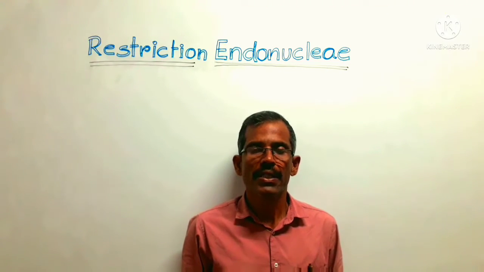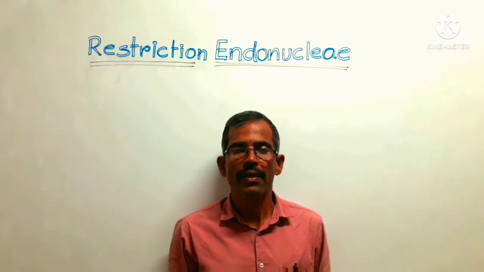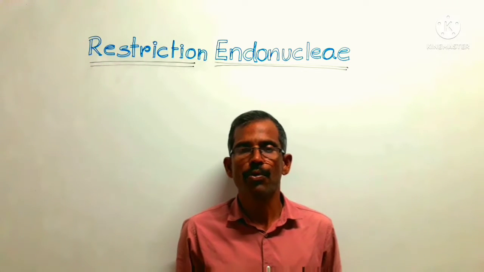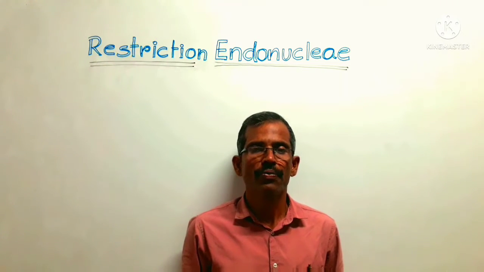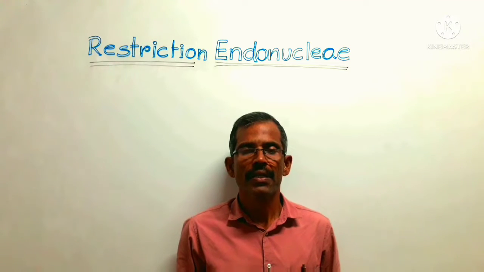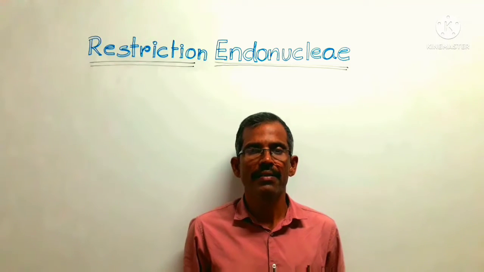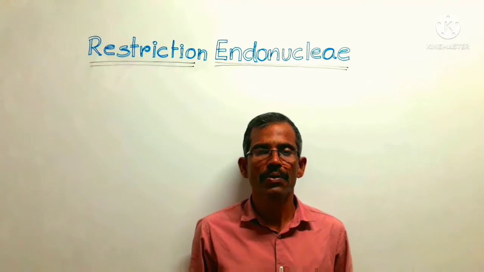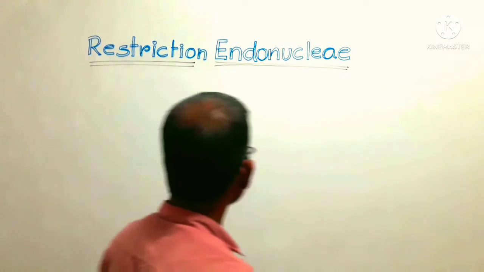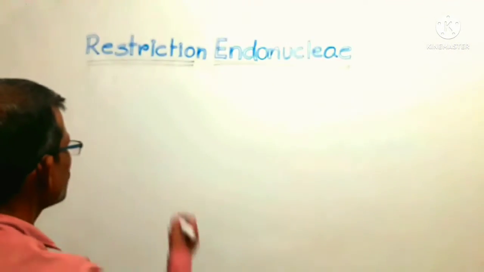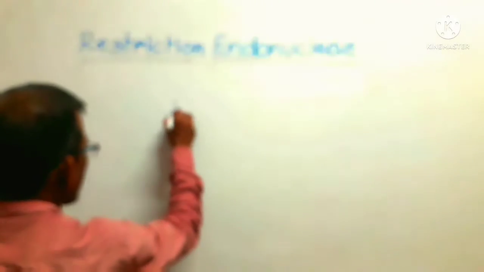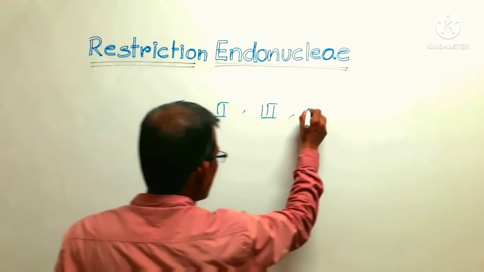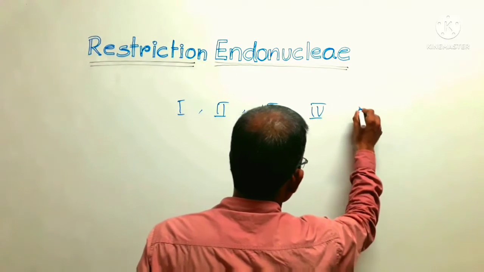Naturally occurring restriction endonucleases are divided into 5 different groups on the basis of composition, enzyme cofactor requirements, nature of the target sequence and the position of the cleavage site relative to the recognition site. The 5 groups are type 1, type 2, type 3, type 4 and type 5.